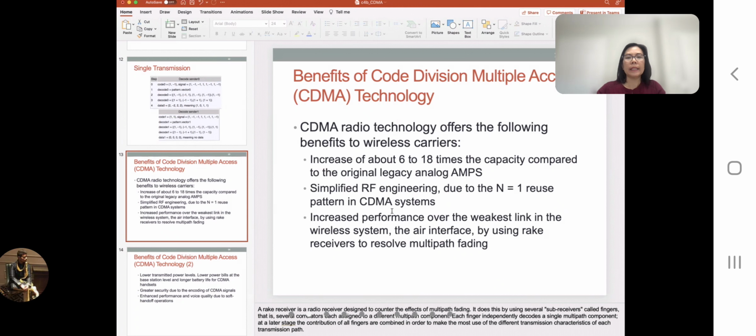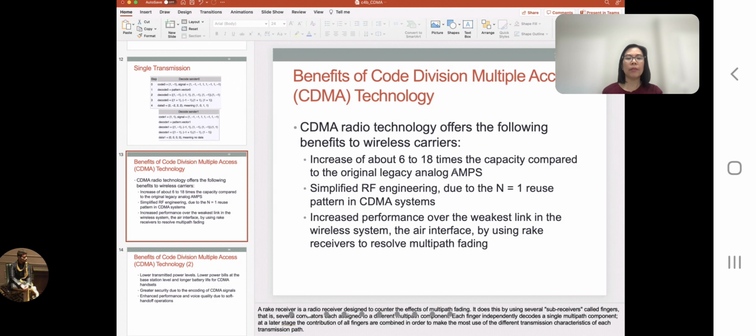It can increase the system capacity by up to 6 to 18 times compared with the analog AMPS system. AMPS is the first generation cellular network, and it used analog signals. CDMA, which is digital, can offer 6 to 18 times higher capacity.